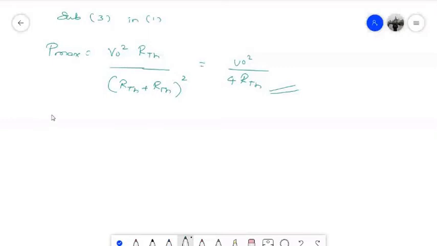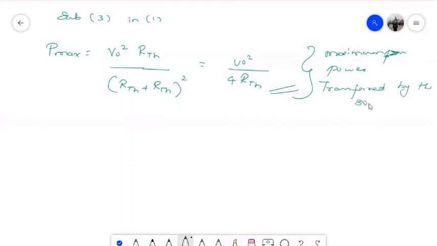Now, what is the maximum power consumed by the load? This is the maximum power transferred by the source.